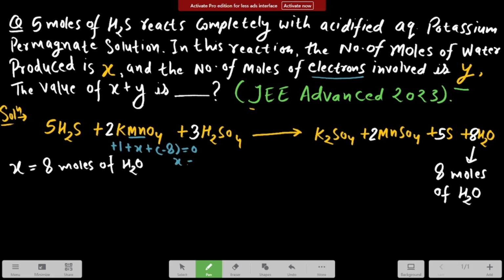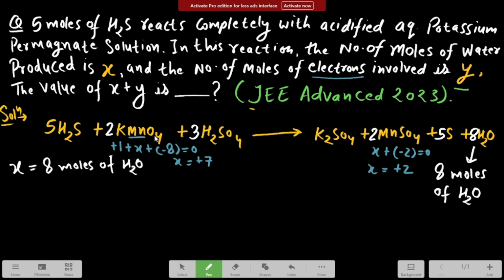So X will be +7. This X is the oxidation number for manganese, remember it. And on product side, manganese exists in the form of Mn²⁺ with SO4 minus 2, so X minus 2 equals to 0. So X equals to +2.